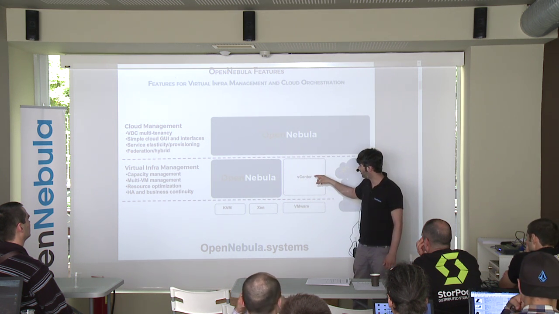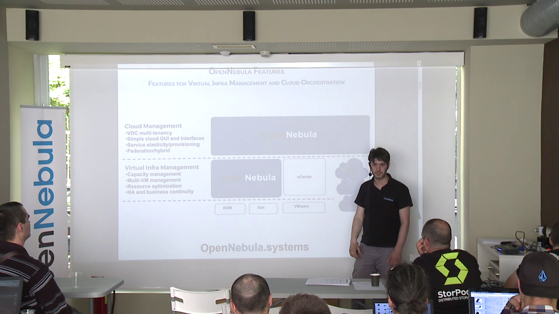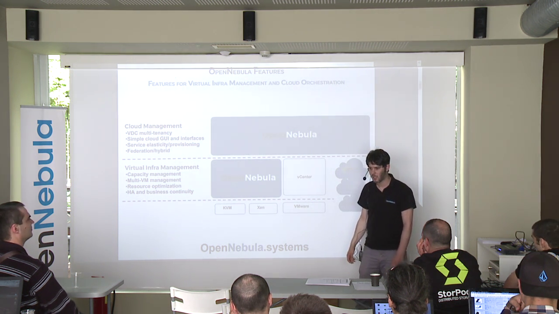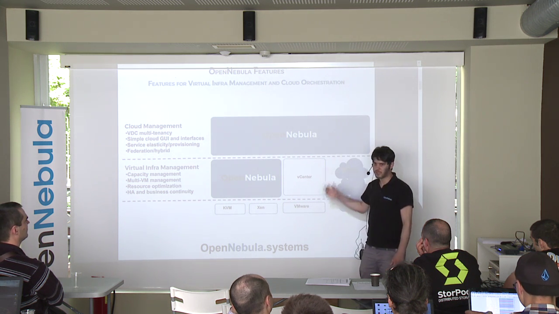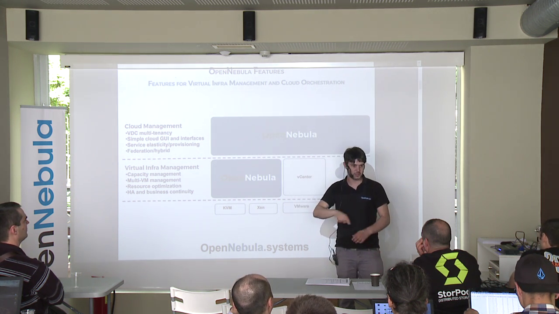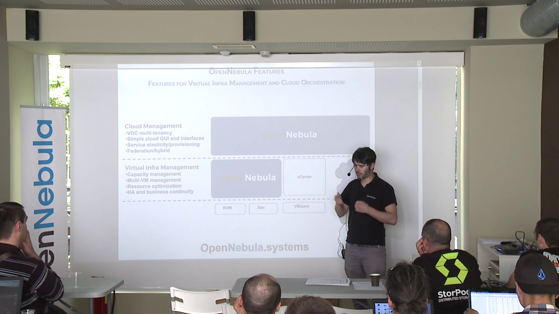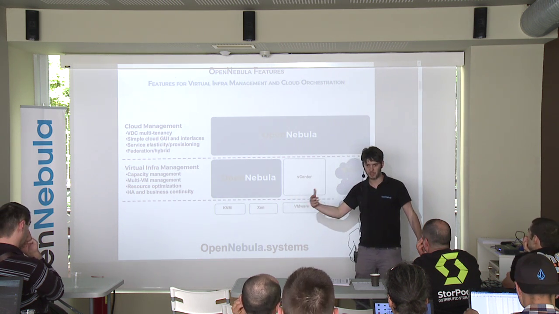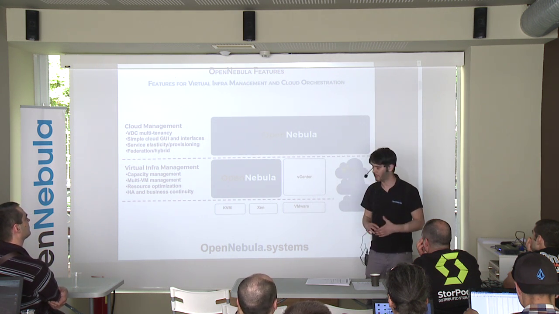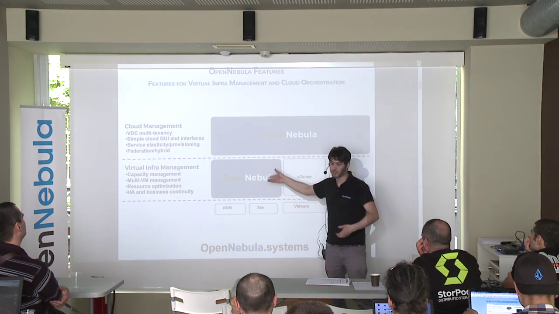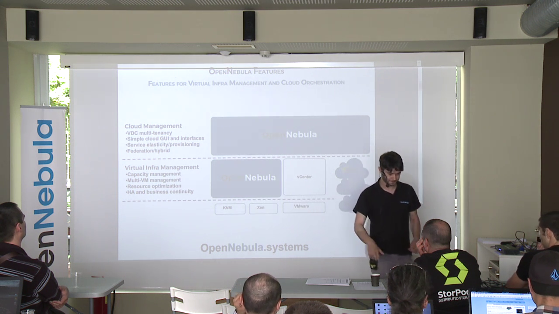We talk through the API to vCenter and say, okay, I want to clone and start this template that you already have in your data store. And vCenter does all the drill. It connects the network, it copies the images, starts the VM, changes some parameters, and so on. That's the thing that OpenNebula does behind the scenes for KVM.